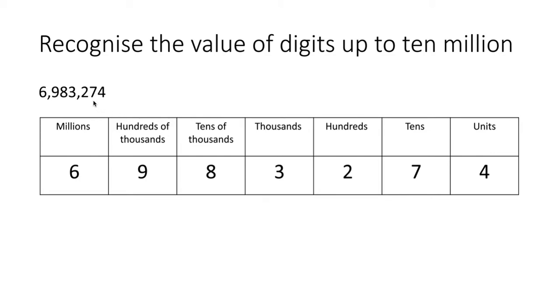The digit 7 goes into the tens, representing 7 tens or 70. And the 4 goes into the units, representing 4 single units. So the 6 represents 6 million, that's 6 with 6 zeros after it, to represent 6 million.